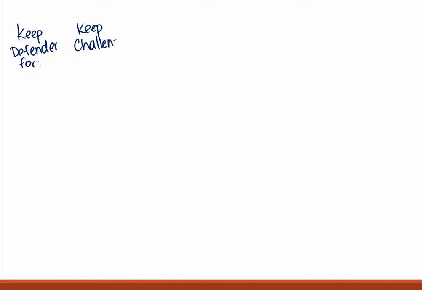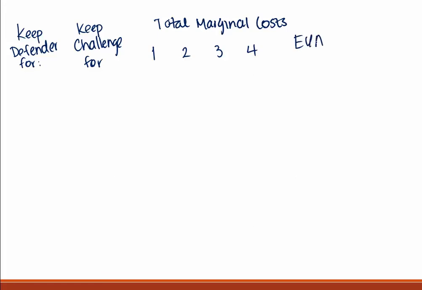Keep Challenger 4. And then we're going to have our marginal cost, but instead of having them vertical, we're going to place them horizontally. So total marginal costs. And then I'm going to put here for year 1, 2, 3, and 4. And over here, I'm going to find the EUAC of that, taking those marginal costs into consideration at 10% for 4 years. Okay, so let's make this table here.